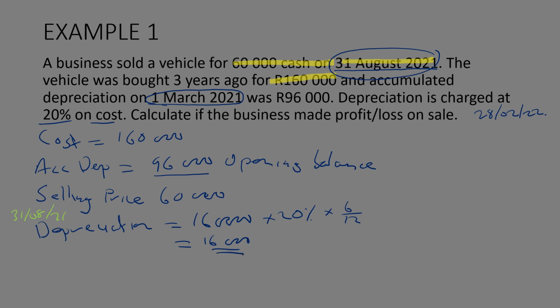Right, so to calculate the carrying value of the vehicle at date of sale, it will be 160,000, that is the cost price, minus 96,000 plus 16,000, which will give you 160 minus 96 minus 16, which is 48,000.